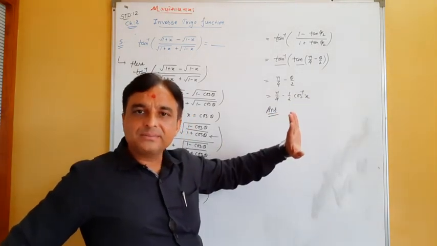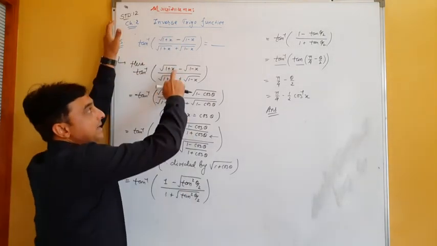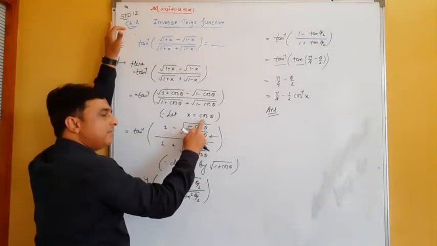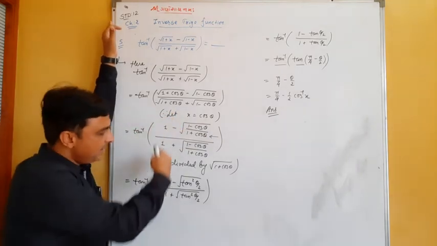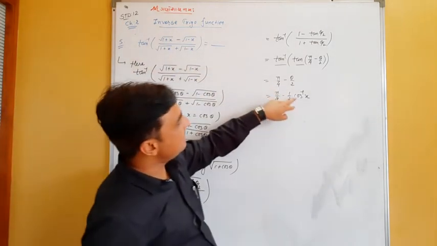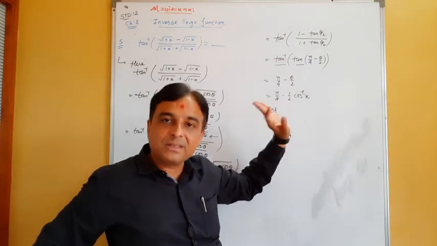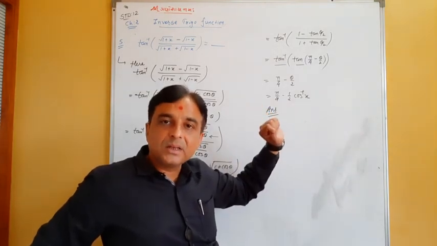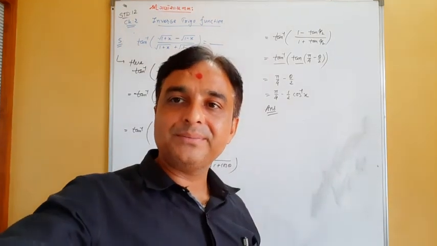At last, when we substitute the value of theta, it will be cos inverse x square. Got it? Let's see the next example.